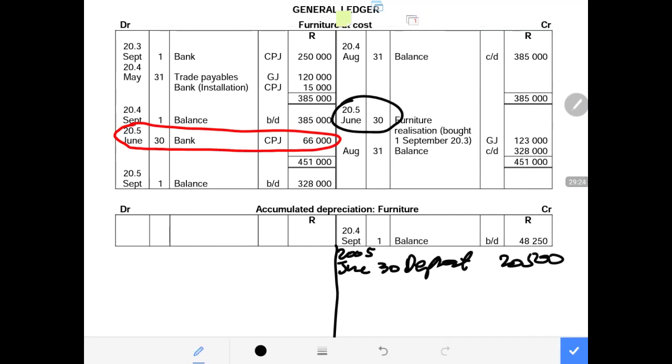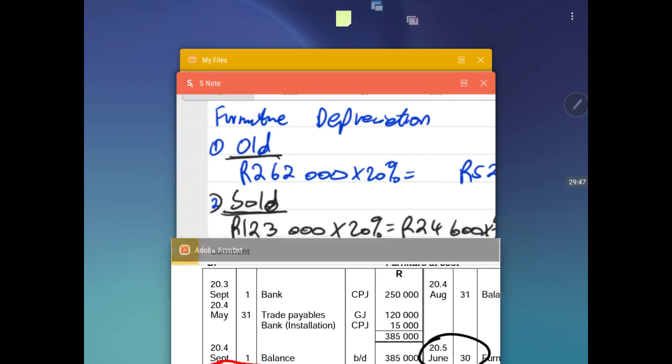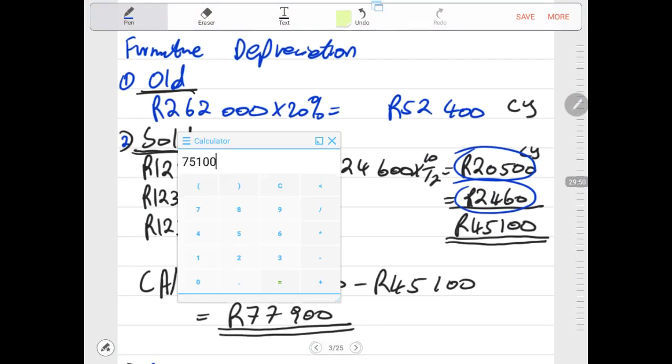All other furniture, meaning the new furniture and the old furniture, will be recorded at the end of the year, meaning 31st of August 2005. That is where their depreciations will be recorded all together, and those depreciations will amount to a sum of 75,100 minus 20,500.